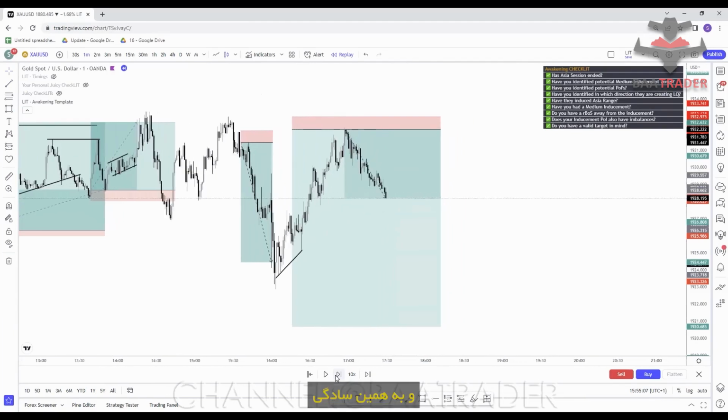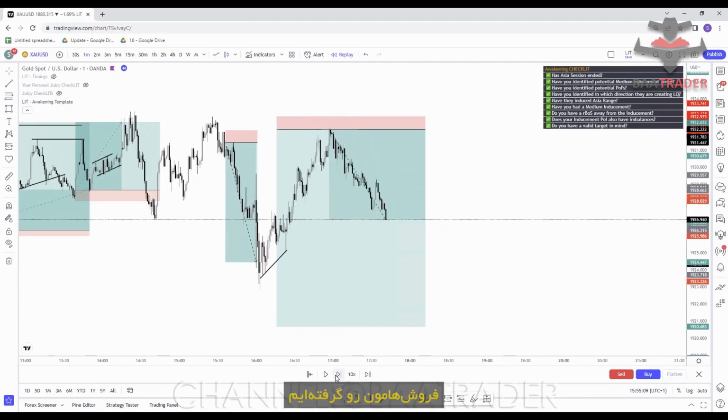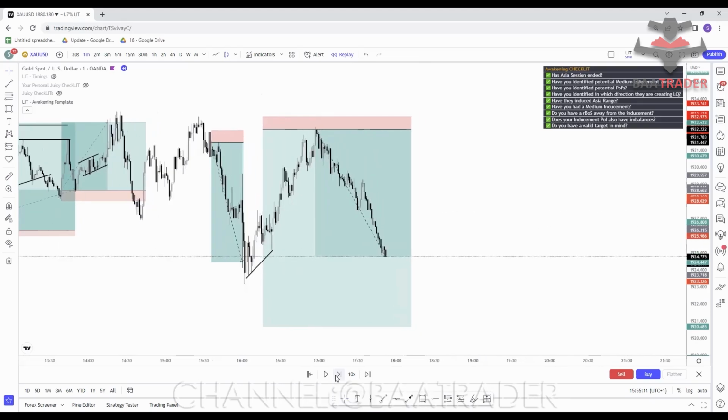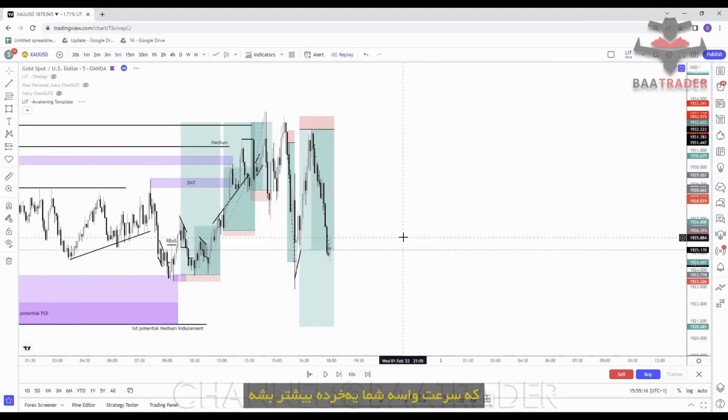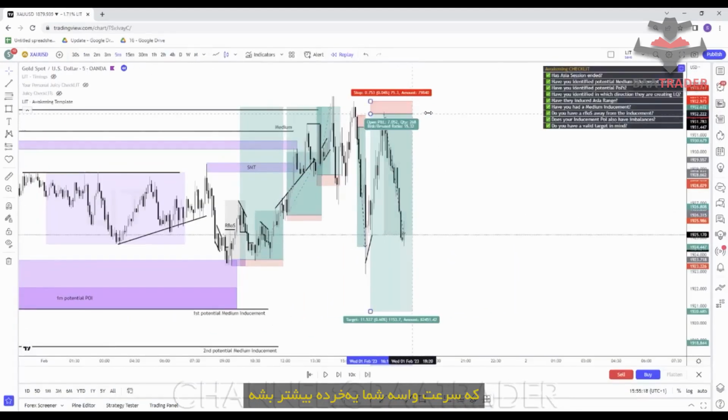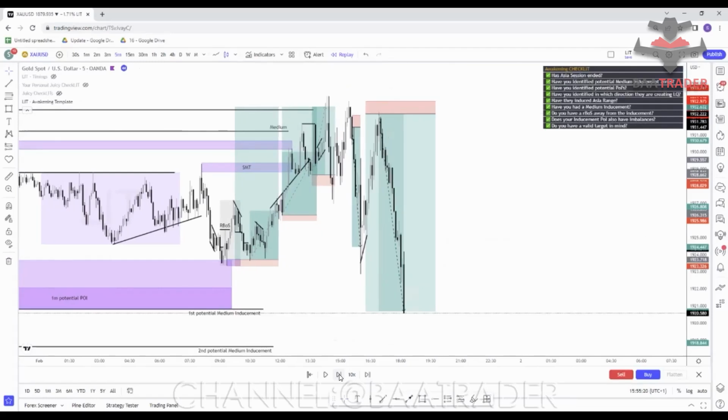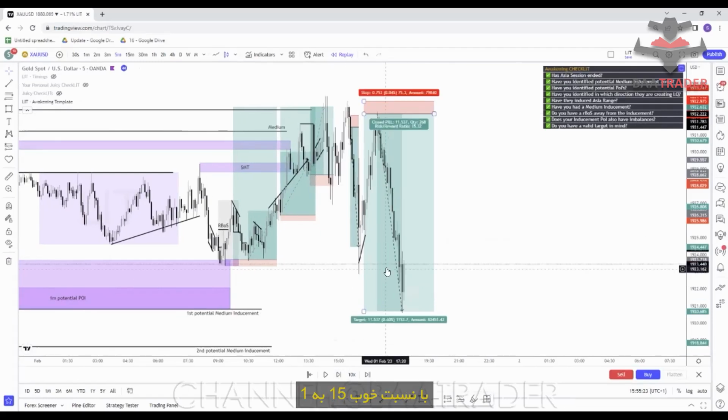And just like that, we have taken our sells. Let's just hope they reach target, which will be great. It's gone 5M just to speed things up a little bit for you guys. Perfect. Target's reached. You get a nice 15-1.